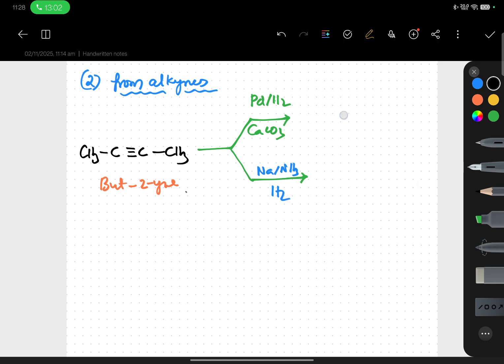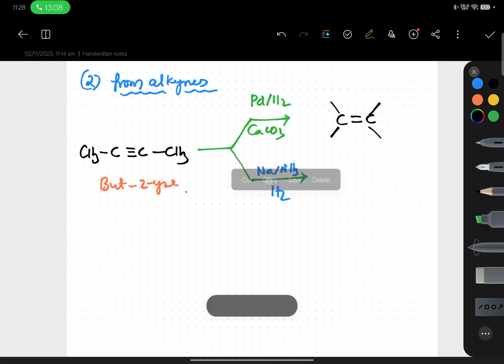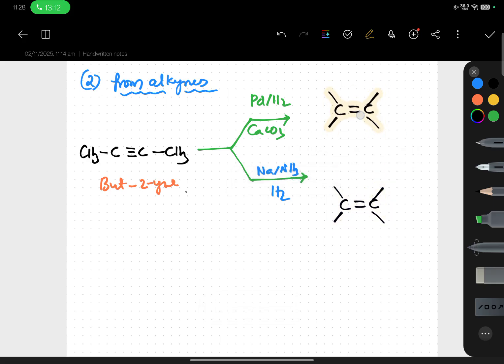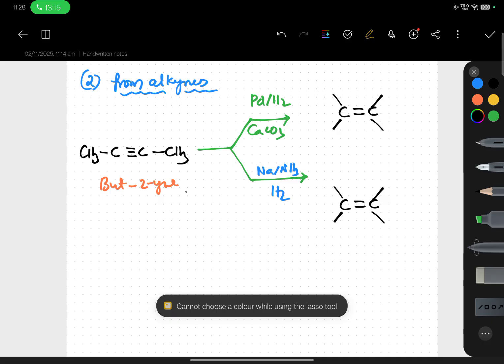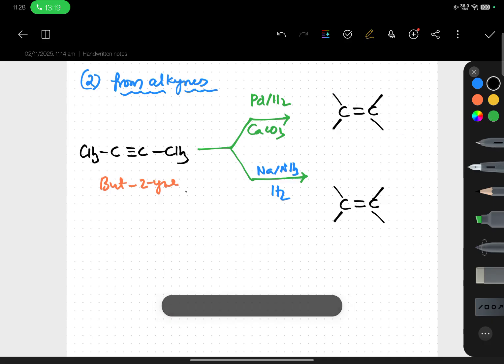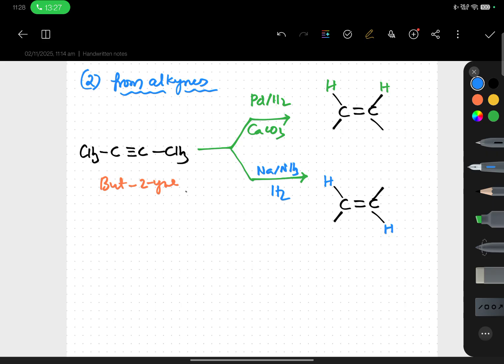In the first case, please make a note, what will happen? The hydrogen will add on the same side. That means both the hydrogens that you added will be added in the same direction. While in the case of sodium in ammonia, the hydrogen will join in the opposite direction.